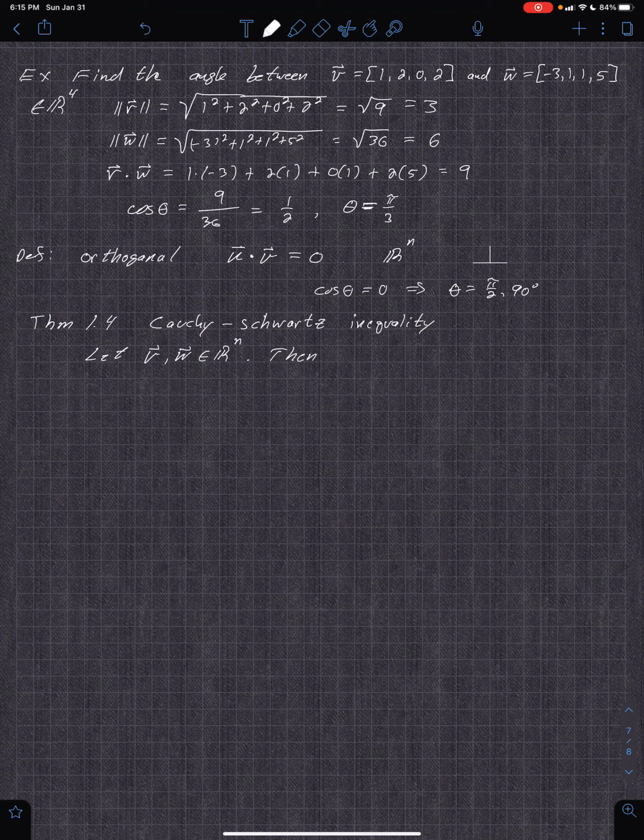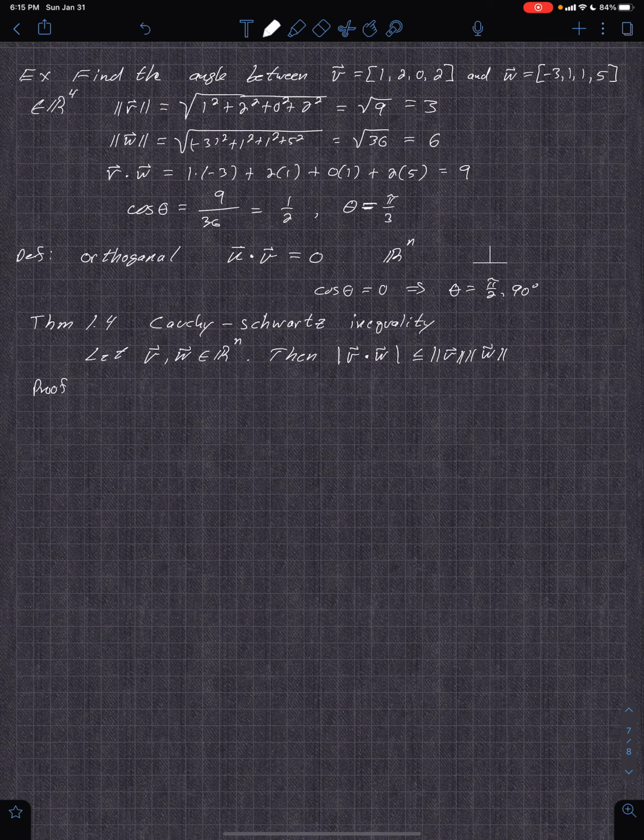Then the absolute value of V dot W is less than or equal to magnitude V, magnitude W. So the absolute value of the dot product is less than or equal to the product of the magnitudes. So let's look at the proof of that.